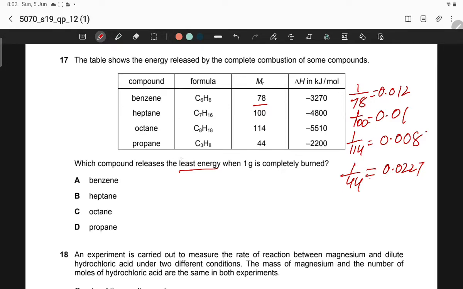Benzene is 1:1 mole. Which compound releases the least energy?